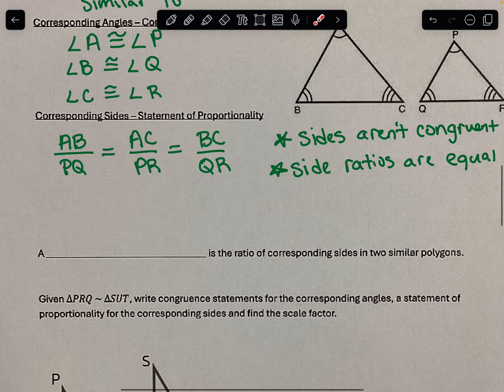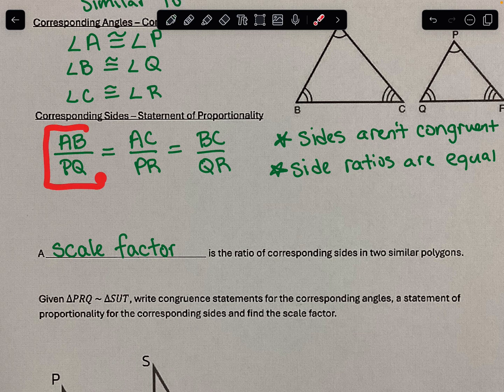All right? Okay, one of the things we're going to use quite a bit is called scale factor. Scale factor is just the ratio of corresponding sides, right? So essentially, that's what we wrote up here. We didn't use actual numbers, but when I put one side over the corresponding side, that sets up scale factor.